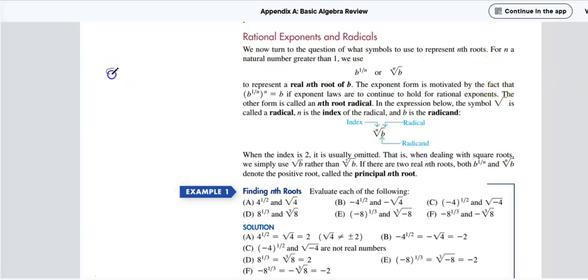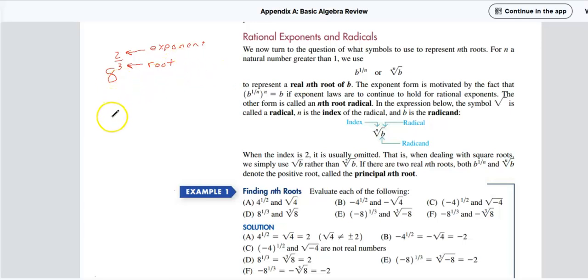So if I have something like 8 to the 2/3 power, well, the bottom, the denominator, will be the root of this number, and the top, the numerator, will be the exponent. Or as we call it, a radical.